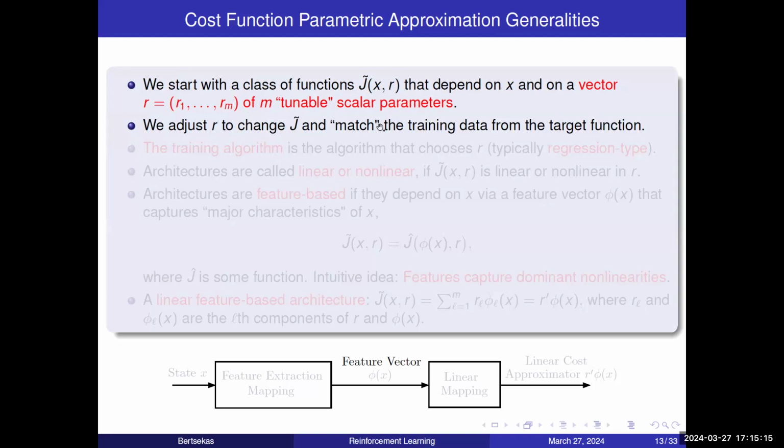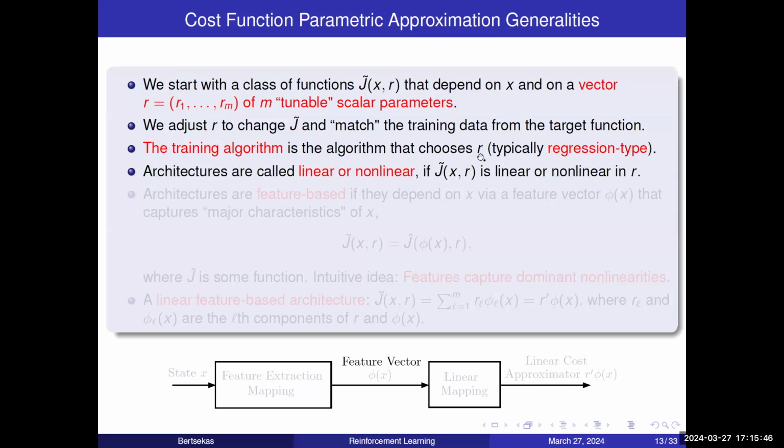But we just focus on how this training process and architecture is modified. The training algorithm is the algorithm that chooses R. Typically, given that we have obtained pairs of state and cost function, this training process would be a regression type of process.